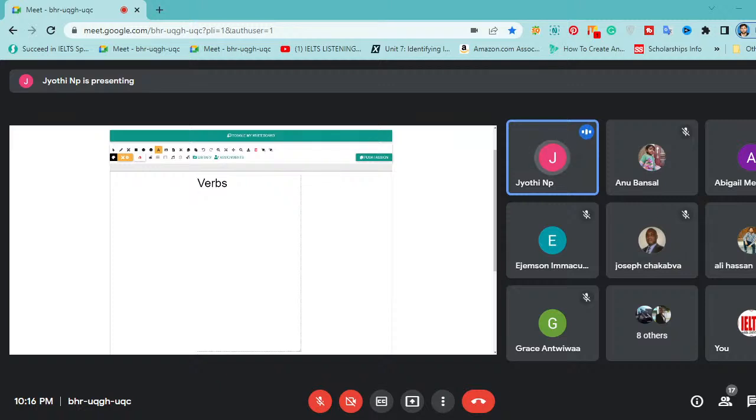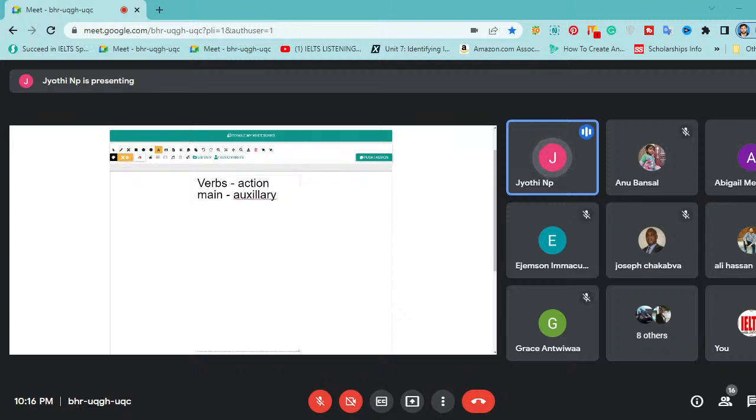So, verbs basically are action words. Another rule is that a verb comes immediately after the subject. Here the verbs can be divided into main verbs and auxiliary verbs.